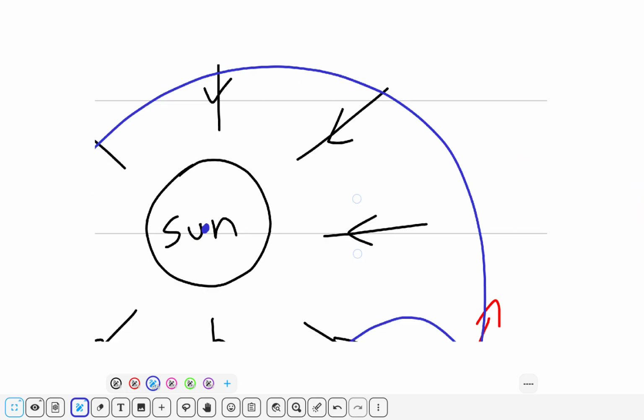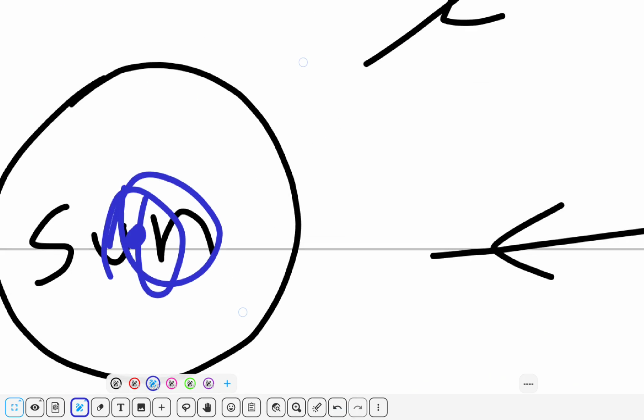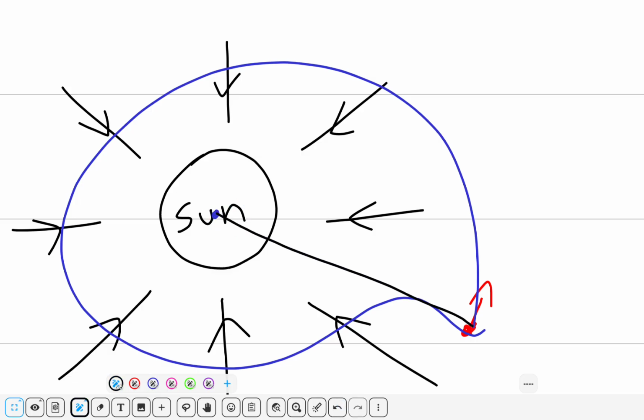From the center of that force, all the arrows are pointing towards this point. If you make a line like this, and the particle is moving, after some time it's here.